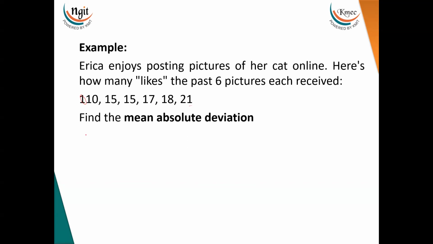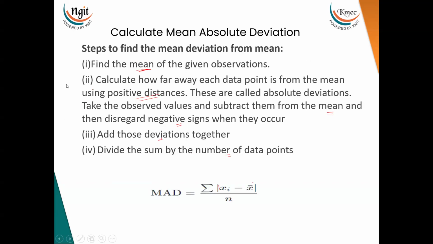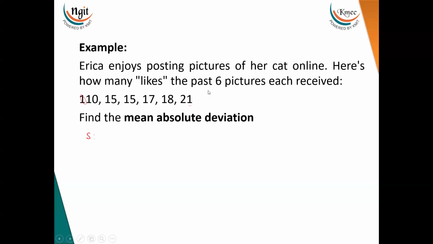Step 1 is to find the mean of the given observations. That is the sum of the data, which is 10 plus 15 plus 15 plus 17 plus 18 plus 21, and the number of data points is 6.